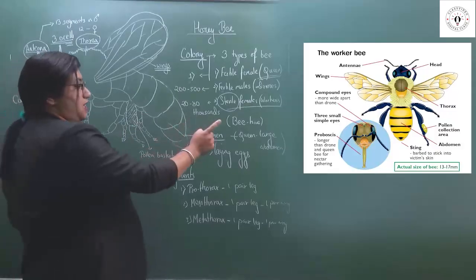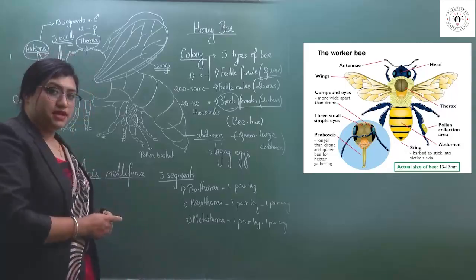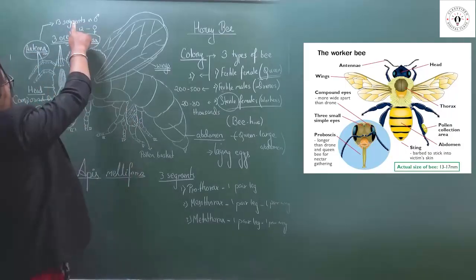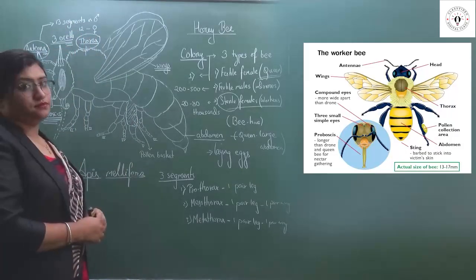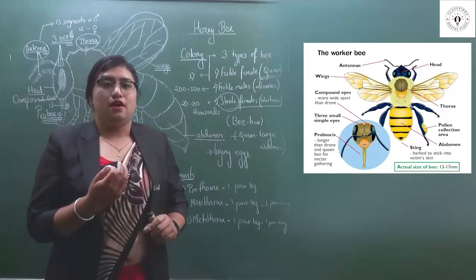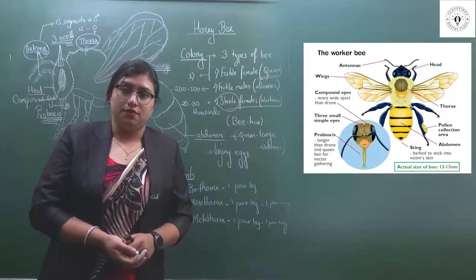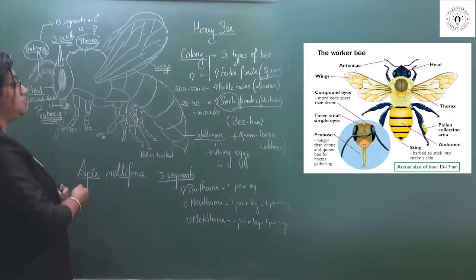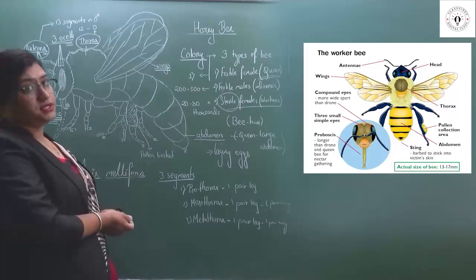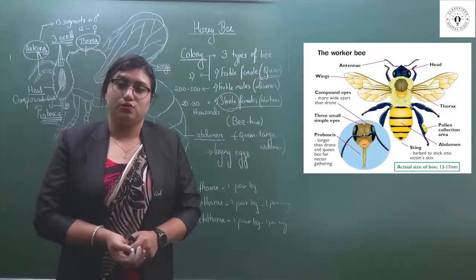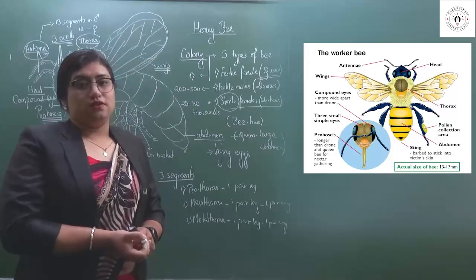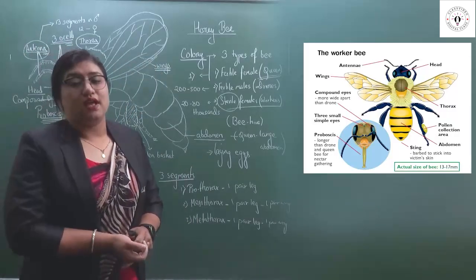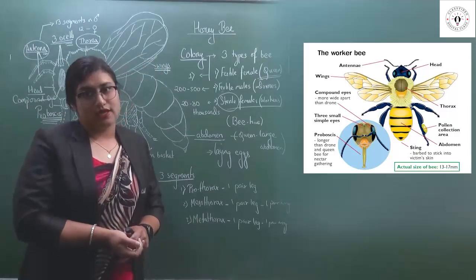The queen bee has the larger abdomen, and the drone has 13 segments in its antenna. So once you are given any one of the honeybees, we can compare the external structure of the honeybees and identify which one is the male or the female, or even the queen and the worker bee. I hope you are clear about this.